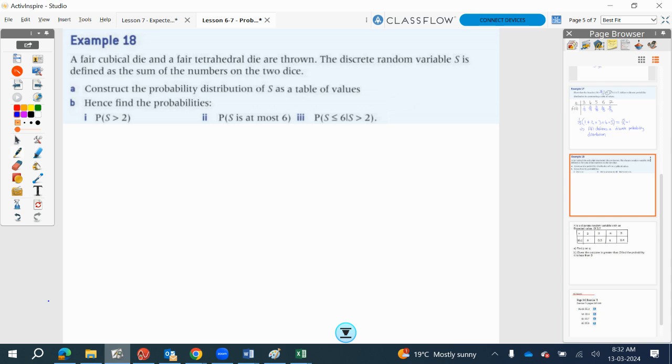So a fair cubical die and a fair tetrahedral die. How many sides does a tetrahedron have? Oh, 4. It's a D4, right? 4. Tetrahedron. Imagine a dice made of a triangle instead of a square.